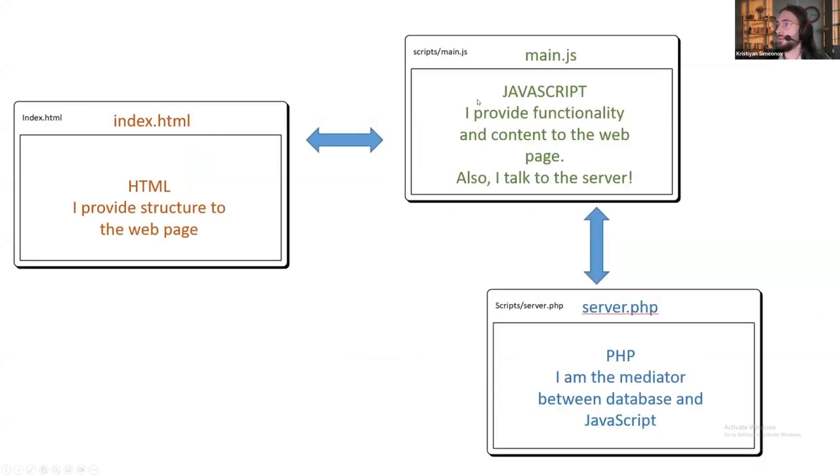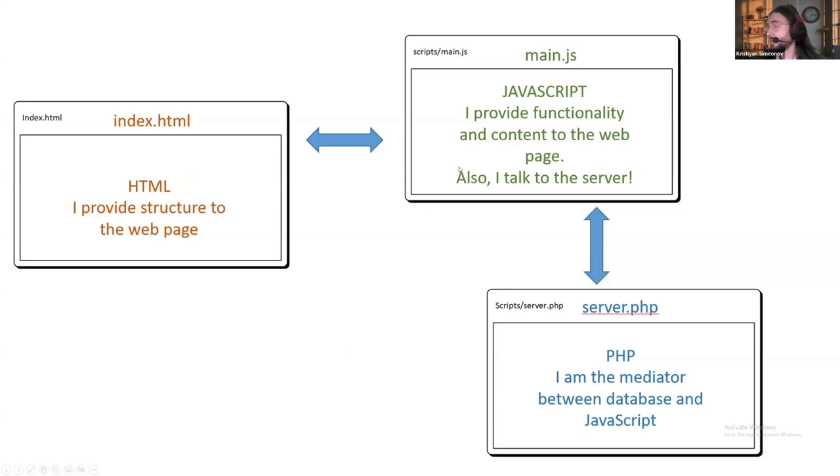So here's a quick overview. HTML says I provide the structure to the web page. JavaScript says I provide functionality and content to the web page. Also, I talk to the server. And PHP says I'm the mediator between the database and JavaScript.